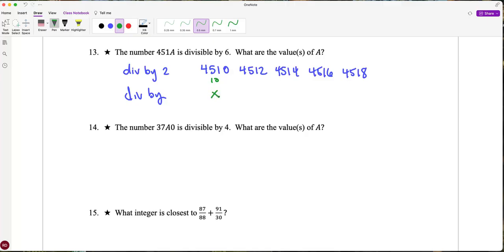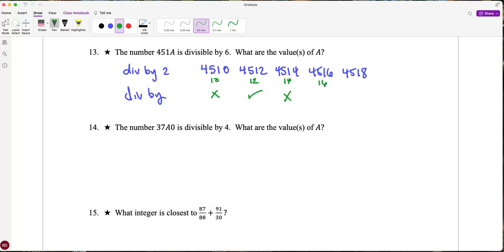These numbers, 9 plus 1, yep. The numbers here, 9 plus 3 add to 12, so that is divisible by 3. 9 plus 5, these add to 14, that's not divisible by 3. These numbers would add to 9 plus 7, 16, okay?